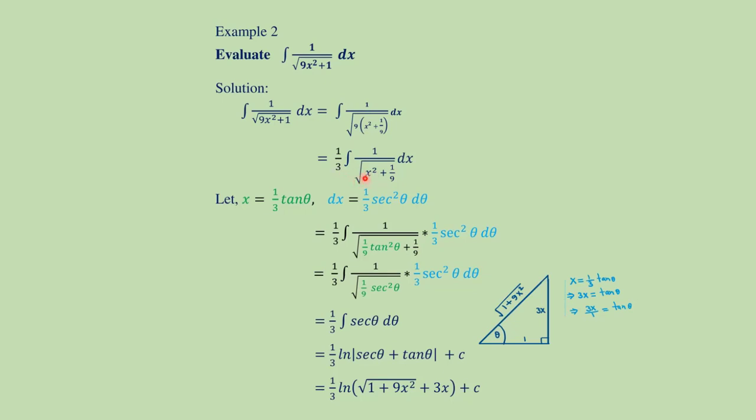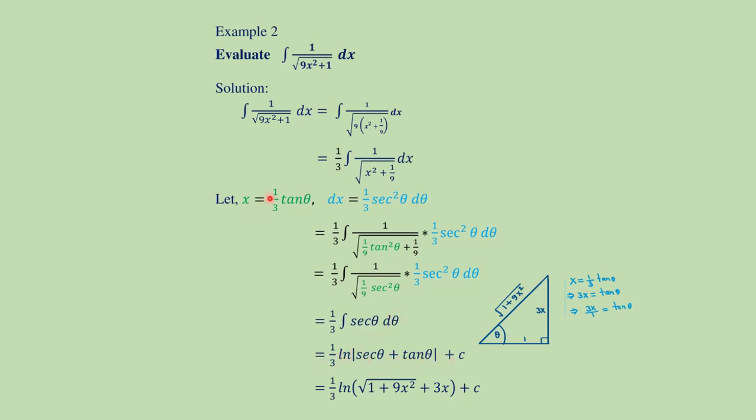And now the coefficient of x square becomes 1. So now it becomes square root of x square plus a square, where a is 1 over 3. And we can substitute this x by 1 over 3 tan theta. So dx would be 1 over 3 sec square theta d theta. And if you plug those values here, then you will get this line. And if you simplify, then you will get this line.